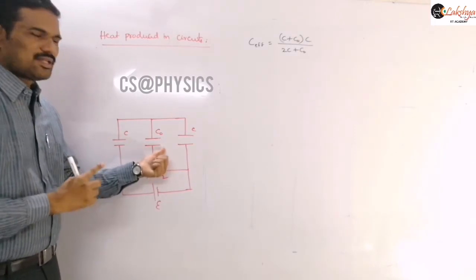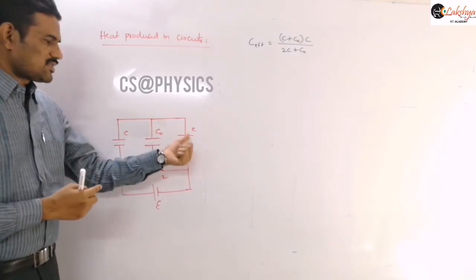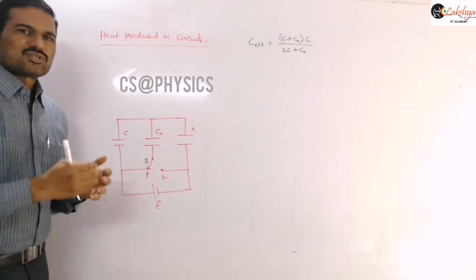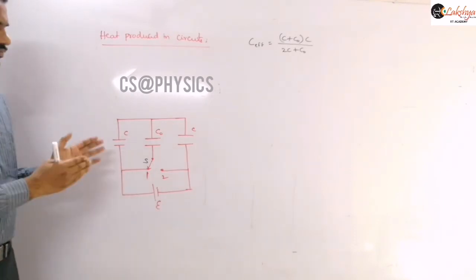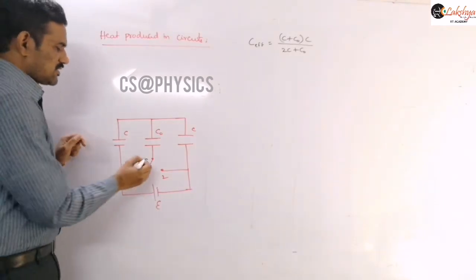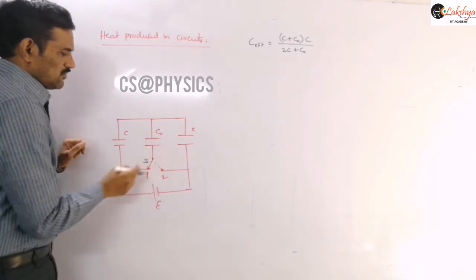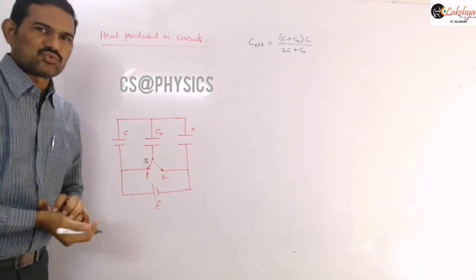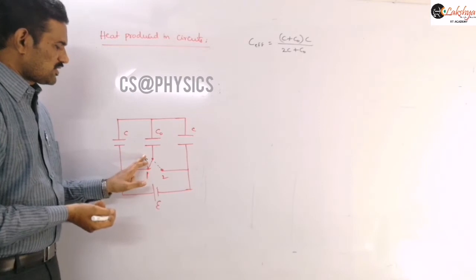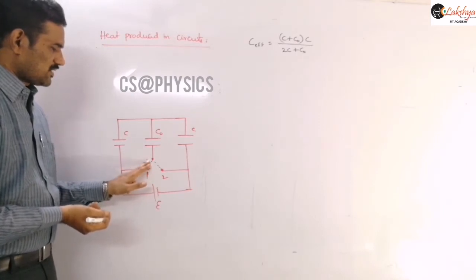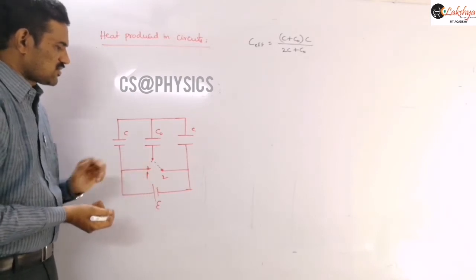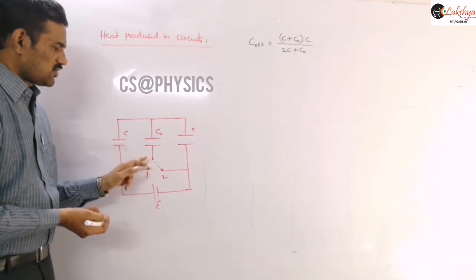These two are in parallel, C plus C0, and that value is in series with this. Now suppose you are shifting the switch from 1 to 2. When the switch is connected to position 2, I will draw it again here.